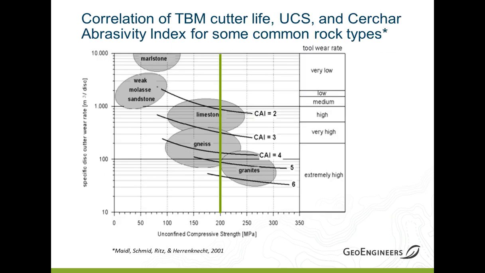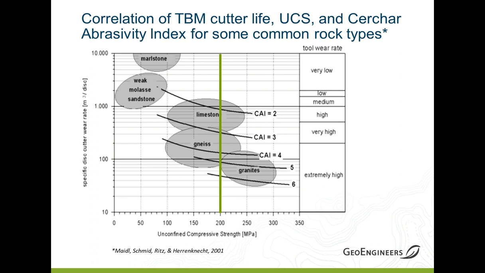Okay, so talking about the rock, I wanted to bring this up because I know it's been an issue on some projects. So we said 200 megapascals was sort of a limiting value. So if we look at that and draw a line, you see the green line I just drew there on the screen, and that's just one piece of the puzzle.